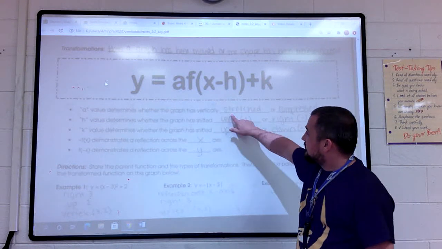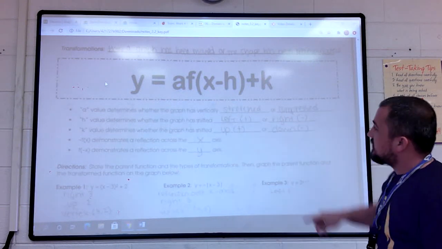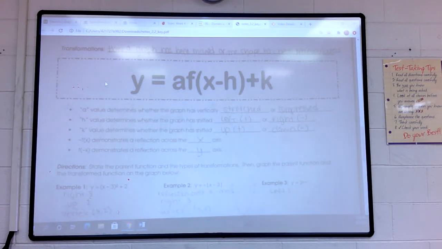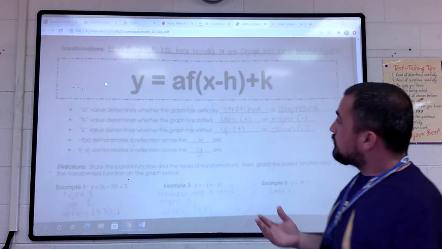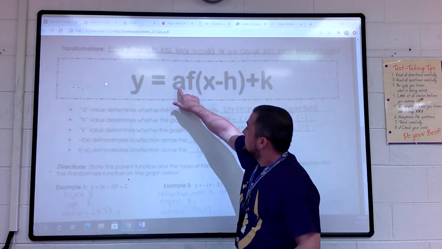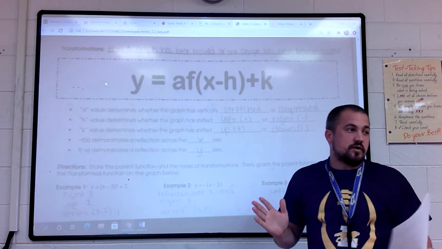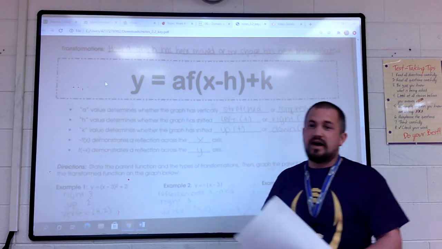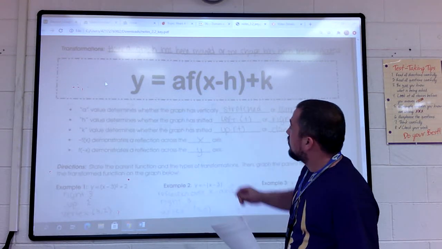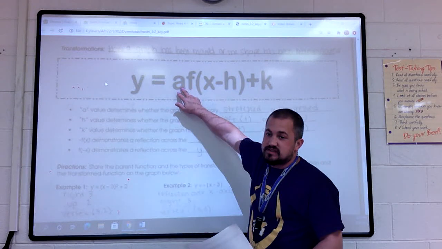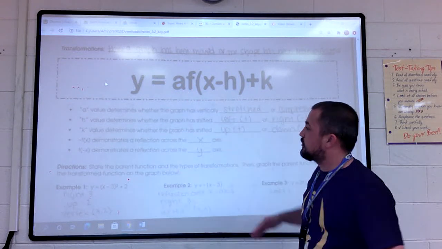A tells whether the graph has been vertically stretched or compressed. If you get a number bigger than 1 out here, it's going to show that it's been vertically stretched away from the x-axis. If you get a smaller number, like a fraction, a number less than 1, it will have been vertically compressed down towards the x-axis.